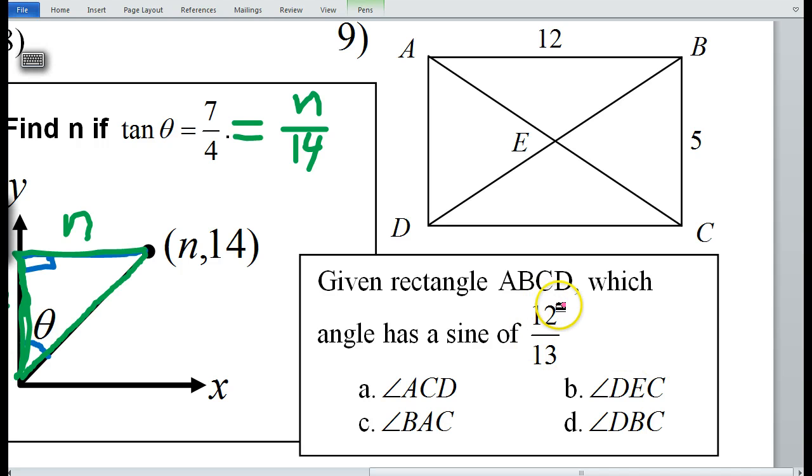When we start talking about sine or cosine or tangent, these functions are only defined for right triangles. We have to be talking about right triangles. So everybody pay attention. Everyone focus.